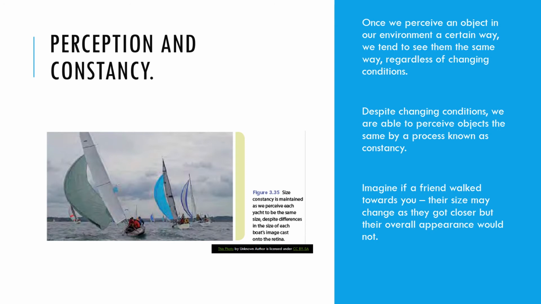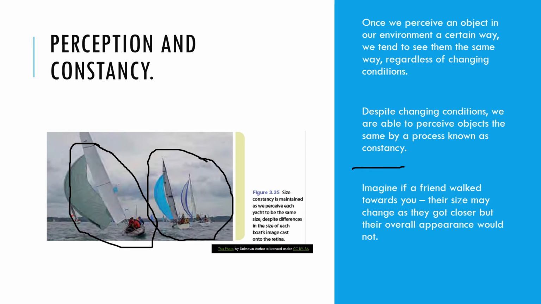Despite changing conditions, we are able to perceive objects the same by a process known as constancy. There's an example here too: size constancy is maintained as we perceive each yacht to be the same size, despite differences in the size of each boat's image cast onto the retina. Even though it looks like this boat may be bigger than the other two, we understand that all three are the same size.